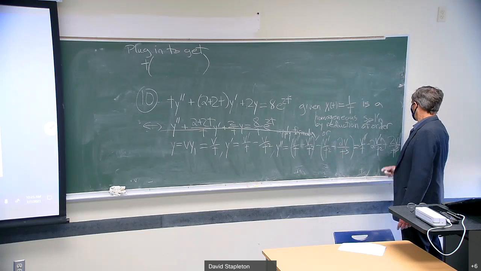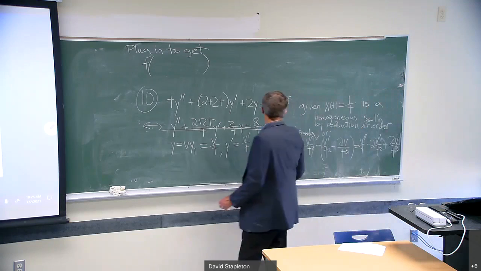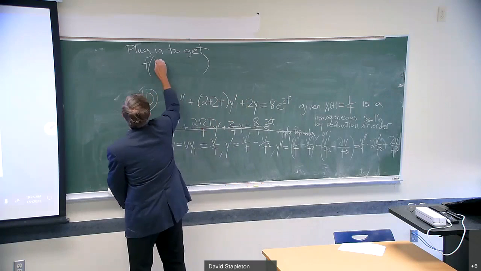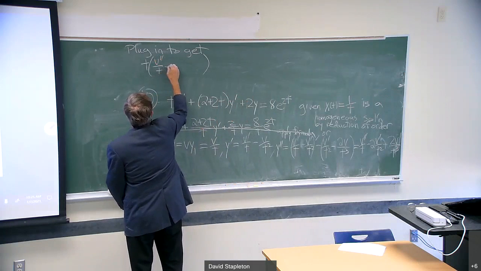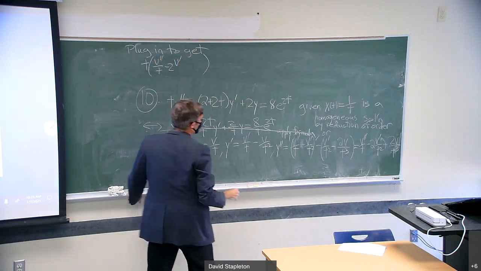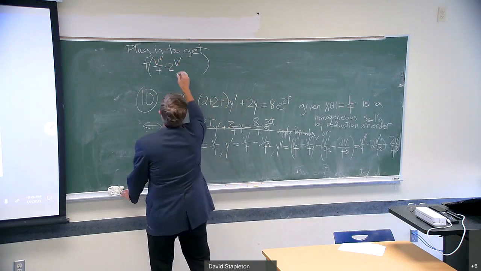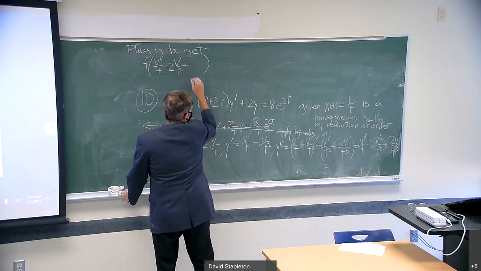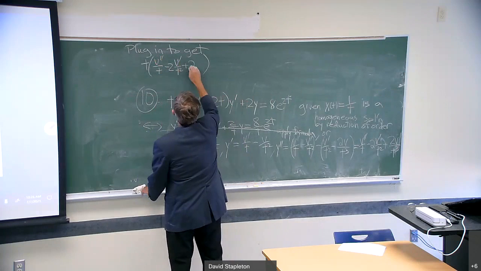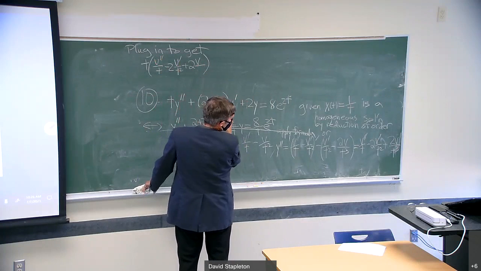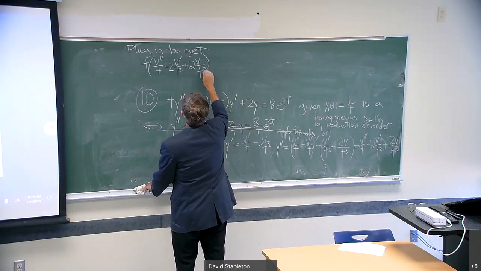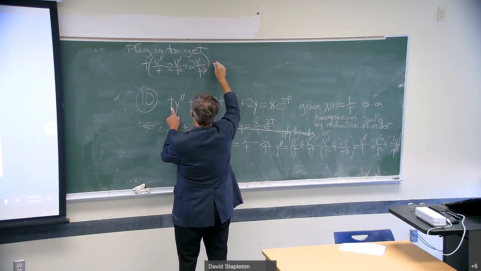Okay. So I get that, and I put that in here: v double prime over t minus 2 v prime over t squared plus 2v over t cubed, and that's multiplied by t.